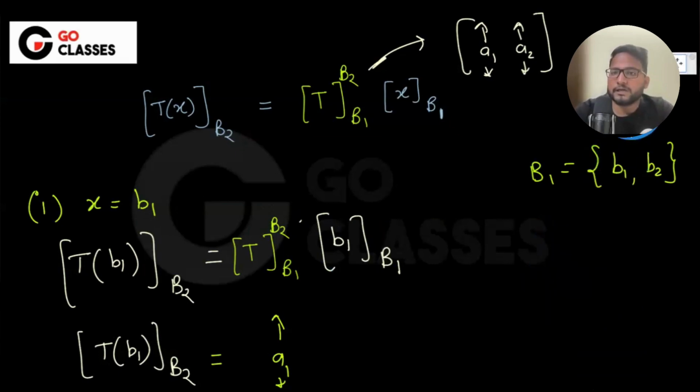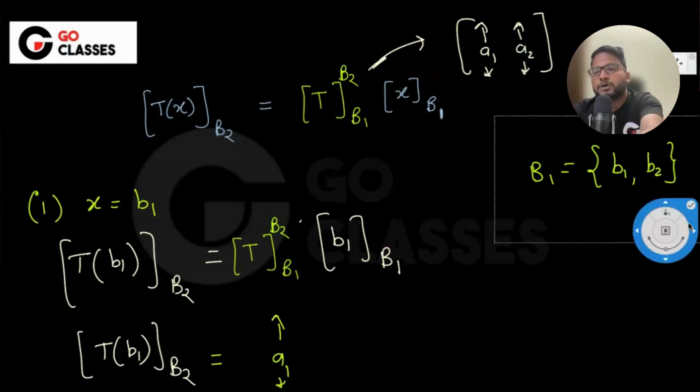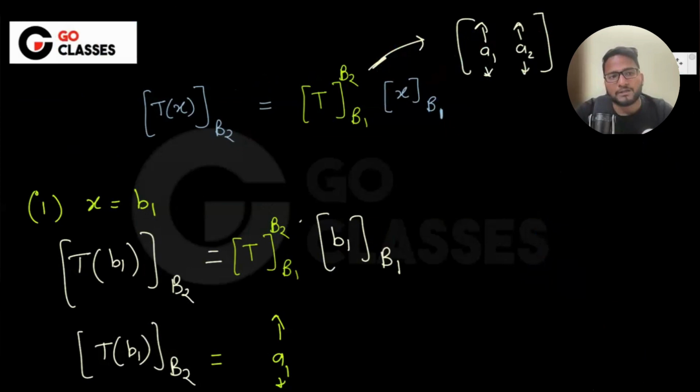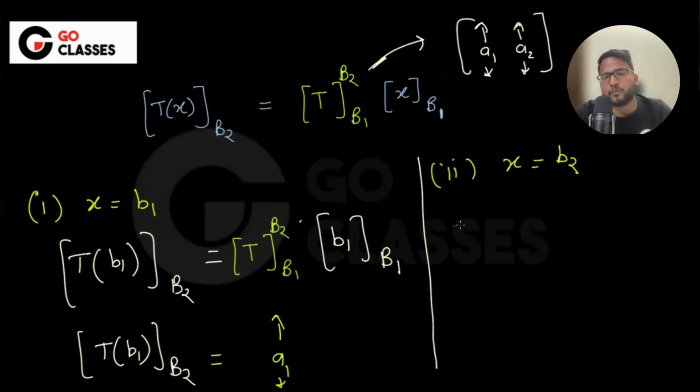Now similarly, let's just put x equal to B2, and let's see what we are getting. I'm just putting it randomly; you can put any vector. I'm just checking what happens if you put x equal to B1, and what happens if you put x equal to B2.